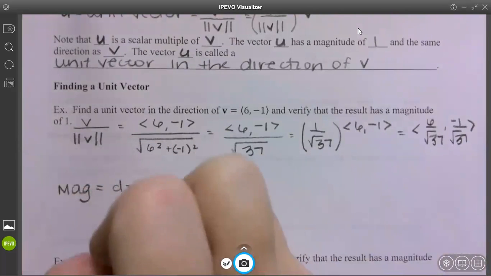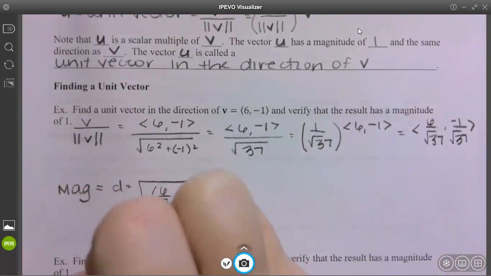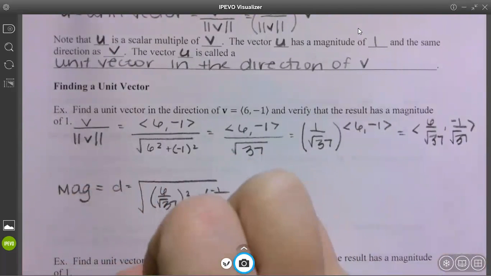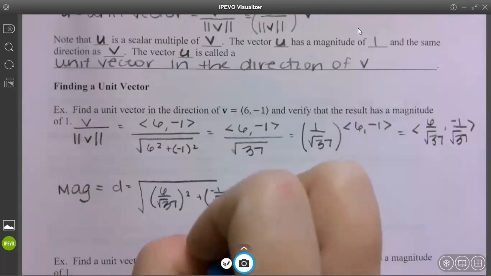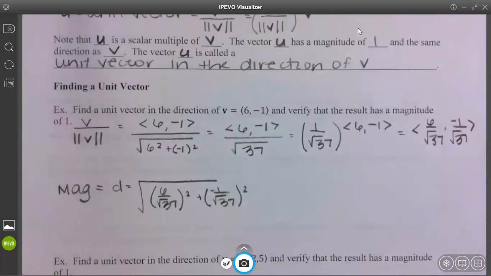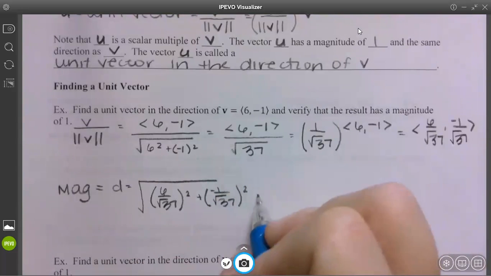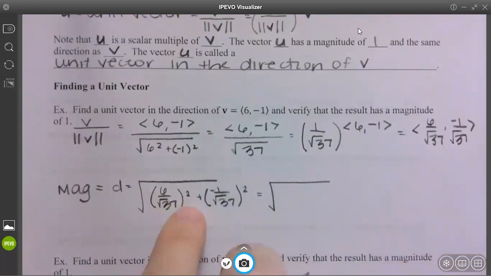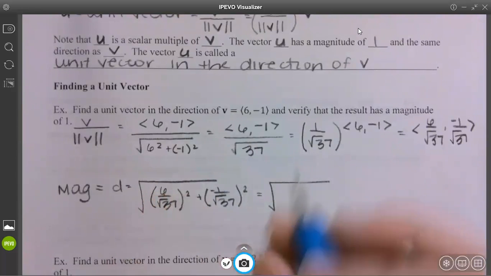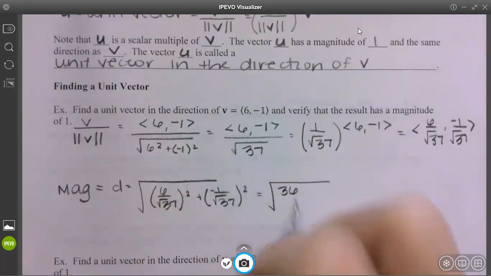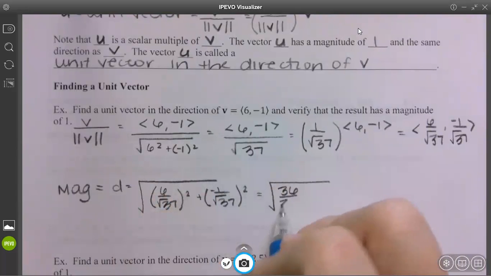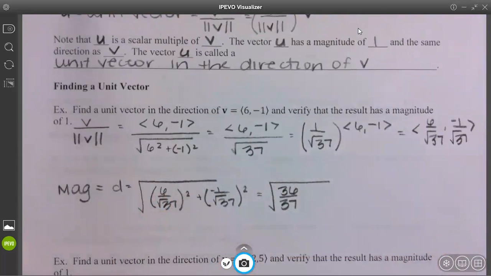So we're going to do the square root of (6 over the square root of 37) squared plus (-1 over the square root of 37) squared. When you square them, you square the top and the bottom. So 6 squared is 36. Anything with a square root, a square will cancel out, so it's 36 over 37.